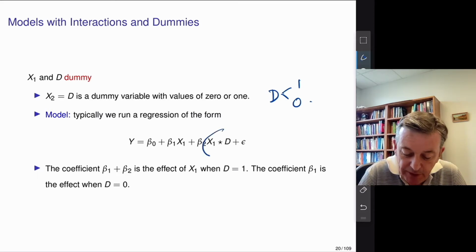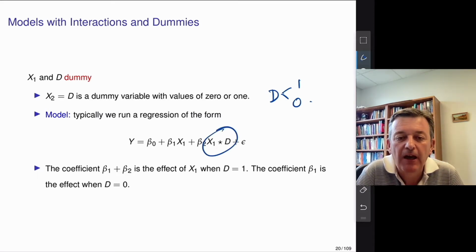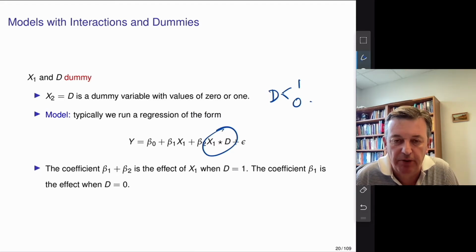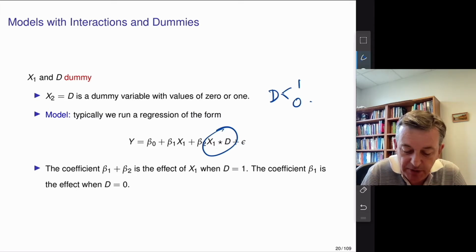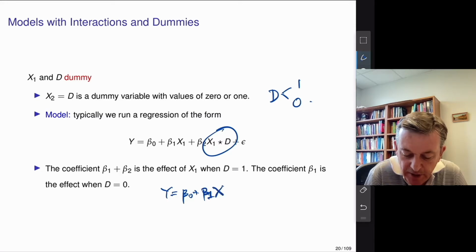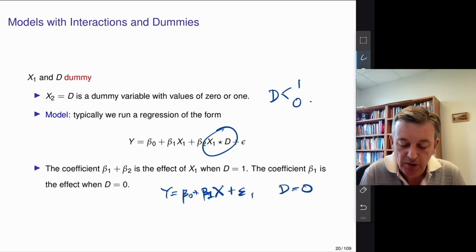If I add this term in here, I essentially have an interaction term with x1 times the dummy. So let's look at the two cases. When the dummy is equal to 0, let's just plug into the equation. I get y equals beta 0 plus beta 1 x1. The dummy is 0, so that term disappears, plus error. So that's the case when the dummy is equal to 0. What happens when the dummy is 1?